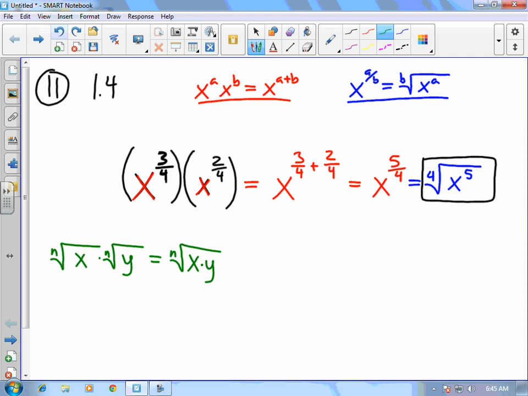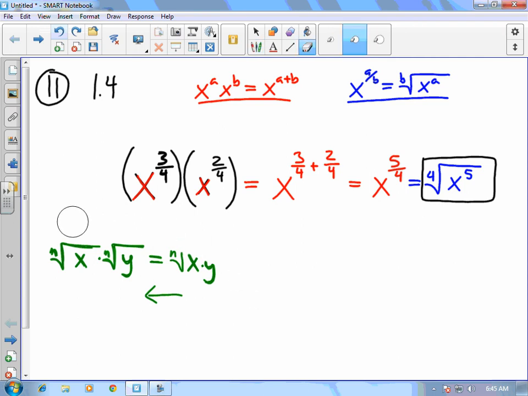Well, I can always do the same thing backwards. I can say if I have the nth root of x times y, I can split that apart as the nth root of x times the nth root of y, just by going this way instead of this way like we normally would think to do.